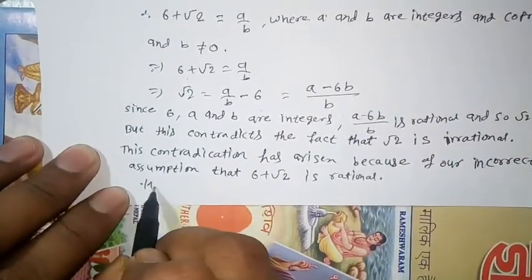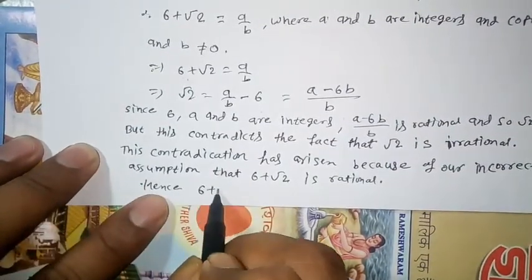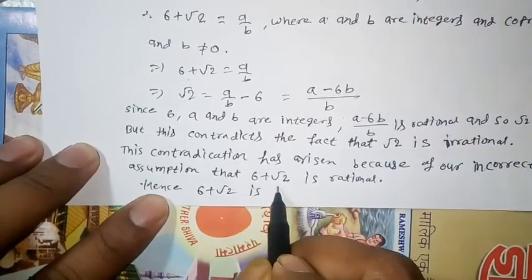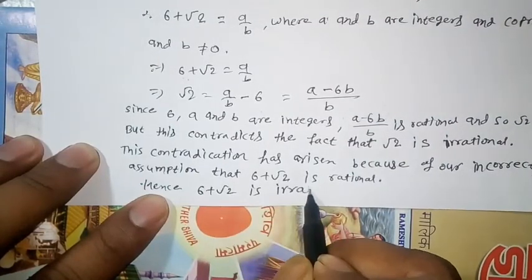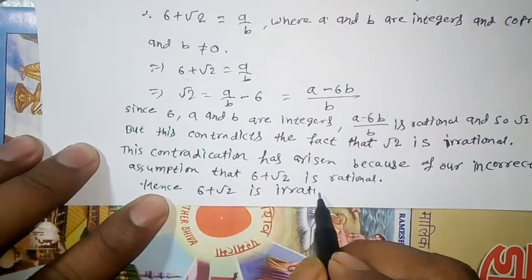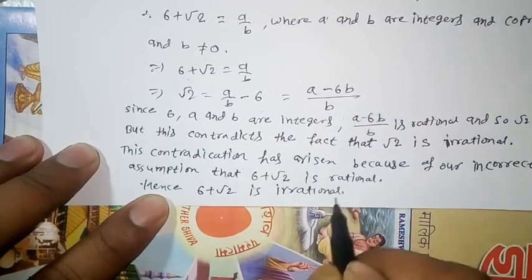Therefore, hence 6 plus root 2 is irrational. Proved.